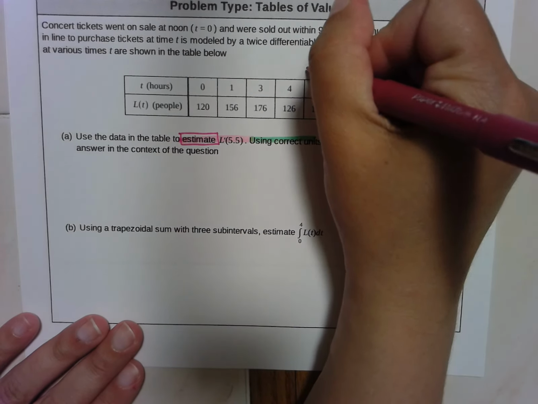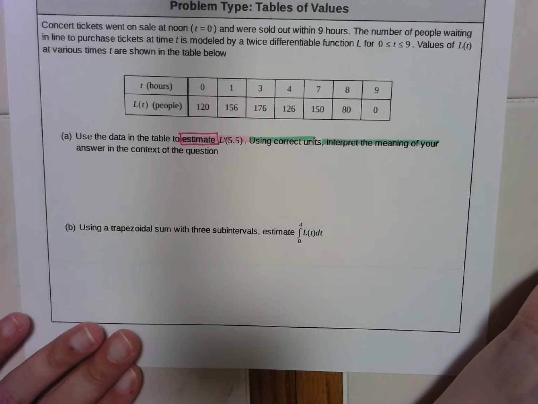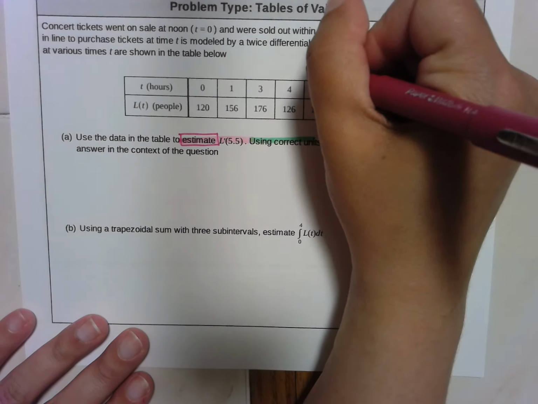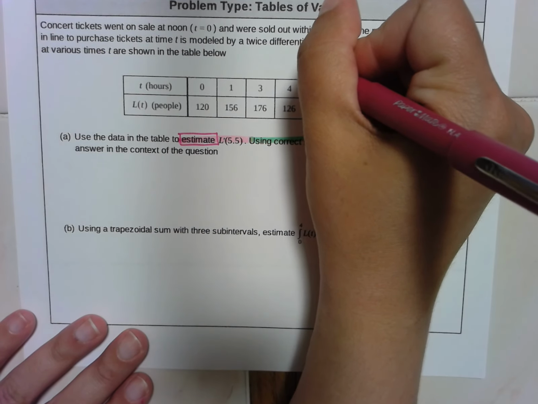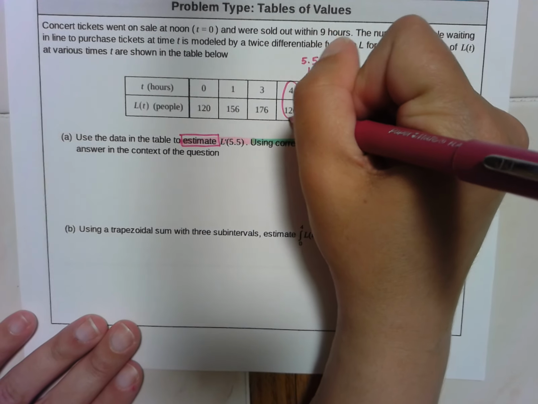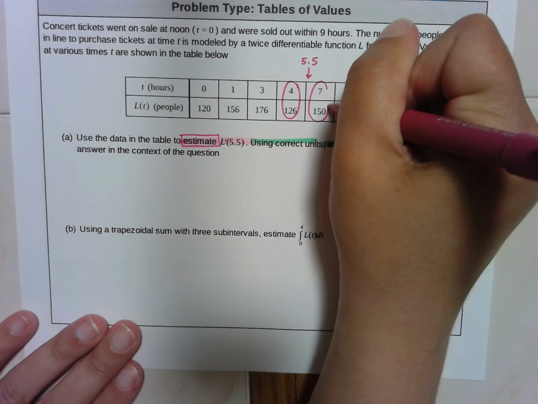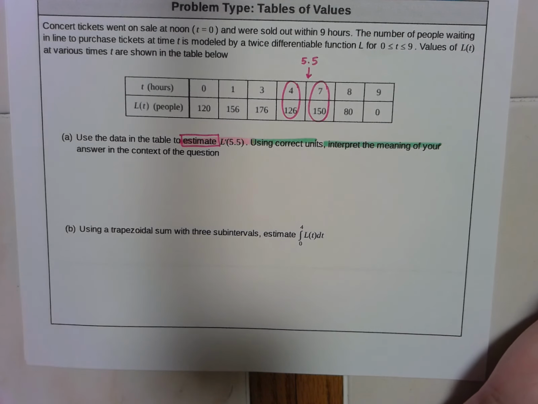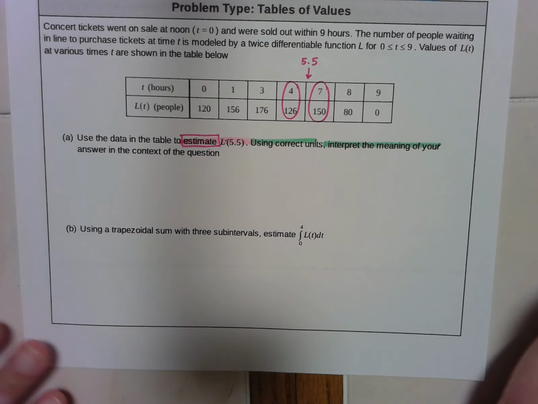So what I'm going to do is find the location in the table where 5.5 would be located. Now I'm seeing that 5.5 would be in between the 4 and the 7. So I'm going to use these two ordered pairs to perform my slope operation, and I'm going to find the slope.